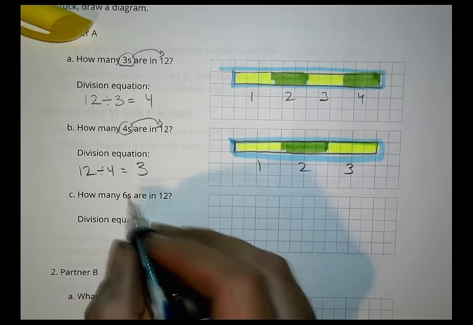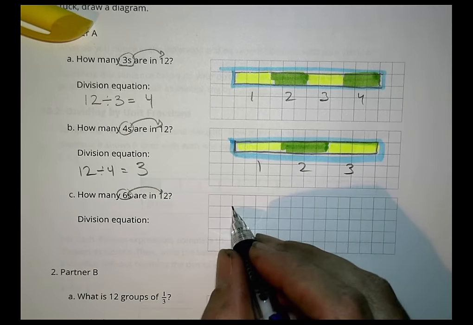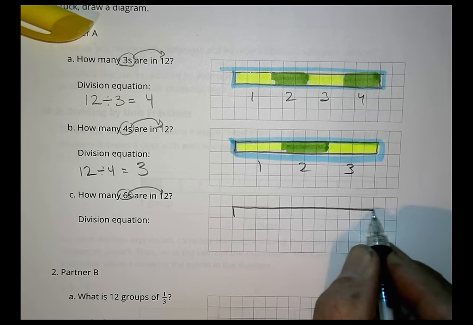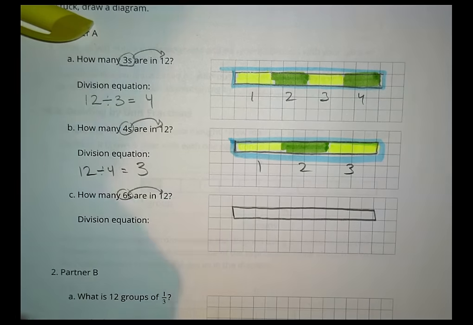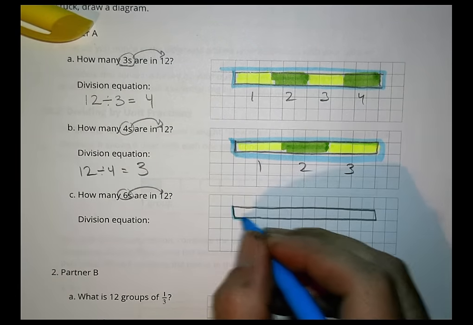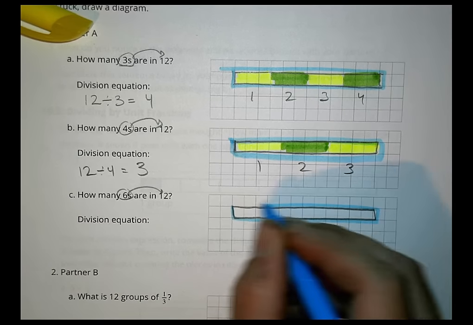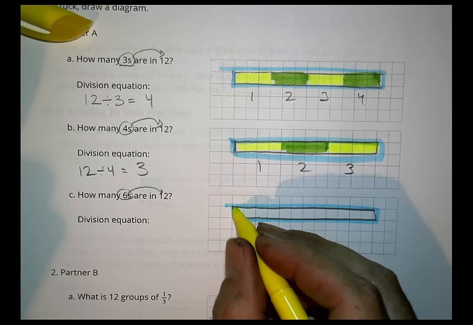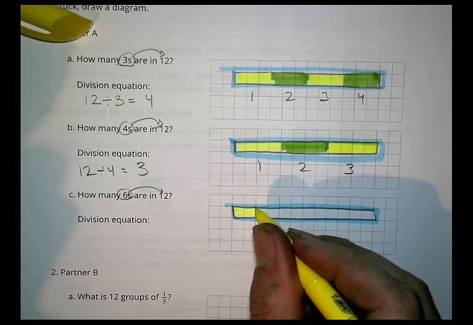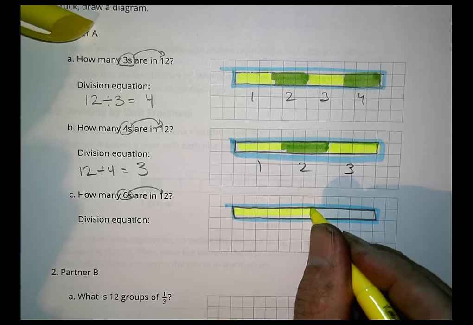If we ask how many 6's are in 12, that's our 12 right there, and we're asking how many groups of 6 are inside of 12. We can count these up: 1, 2, 3, 4, 5, 6.